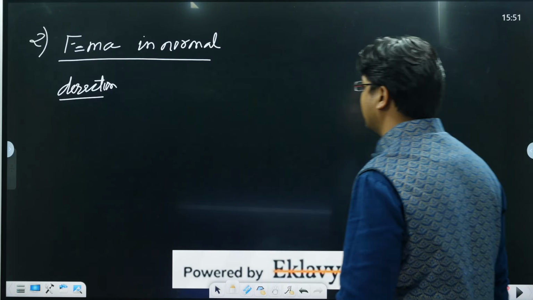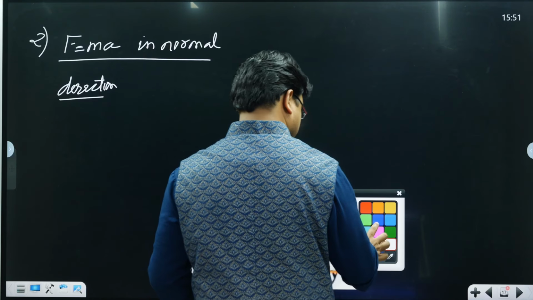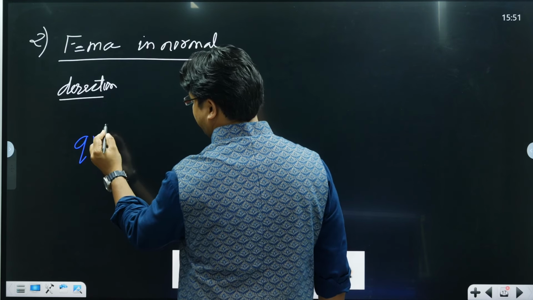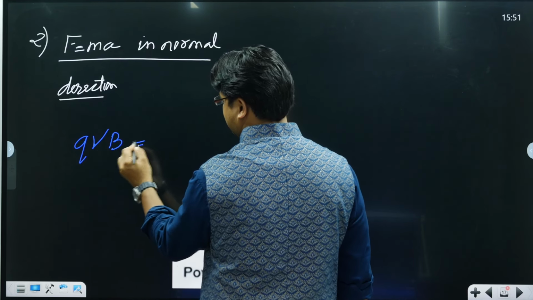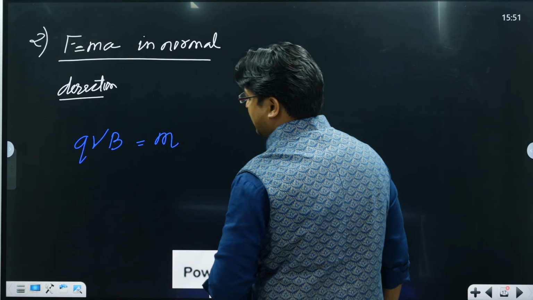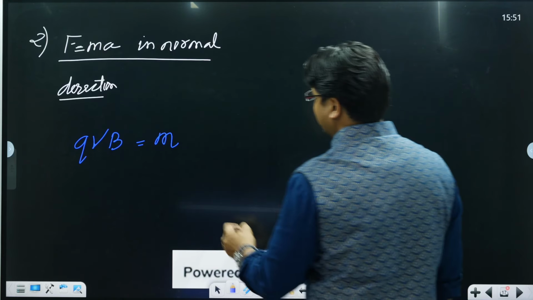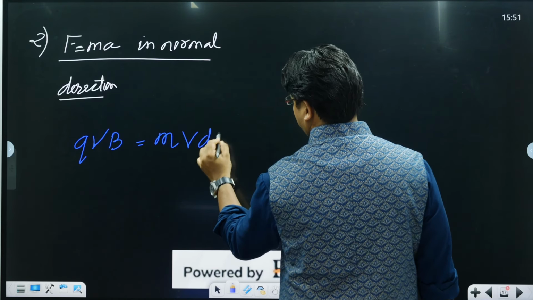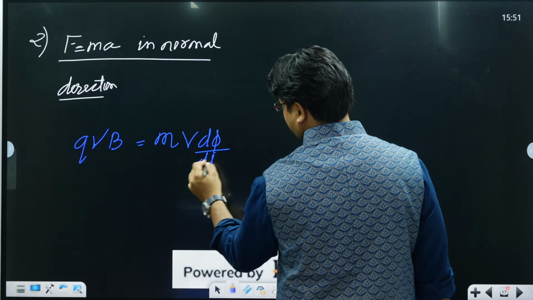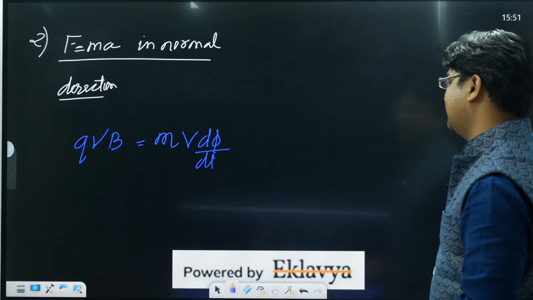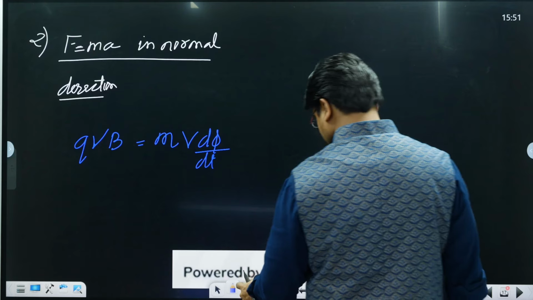So the equation that we get, QVB is equal to m. Now, how do we write the normal acceleration? The normal acceleration can be written as v into d phi by dt, the rate at which the velocity vector rotates. So we can write it like this. So this becomes our second equation.